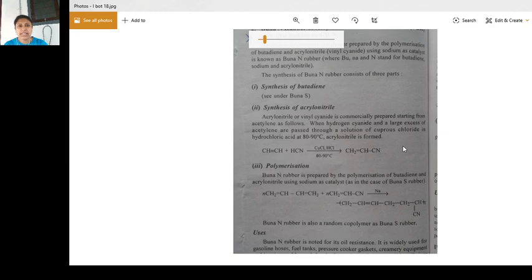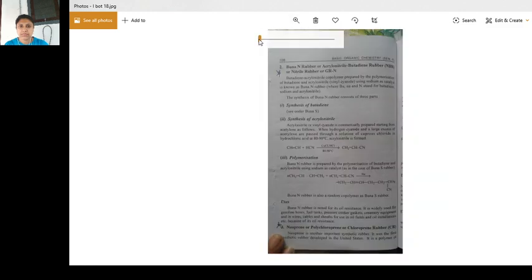And moving to another synthetic rubber, the next synthetic rubber is chloroprene.